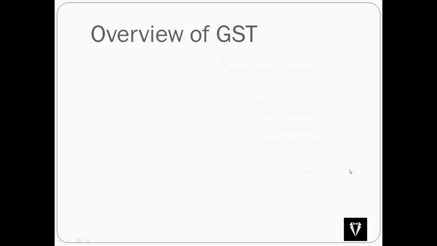Does anyone know what is GST? Like, full form, everyone knows. Okay, what is GST? Full form. Goods and service tax. Great. What is the meaning of goods and service tax here? Why do we pay GST?